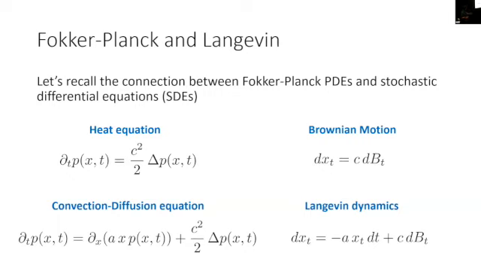If you think about Brownian motion, that's a particle moved around by some kind of time and space independent Gaussian displacements, then its probability density evolves under the heat equation. The Brownian motion SDE is on the top right, and the heat equation is on the top left. If the particle also has some kind of friction term, that's some form of Langevin dynamics.